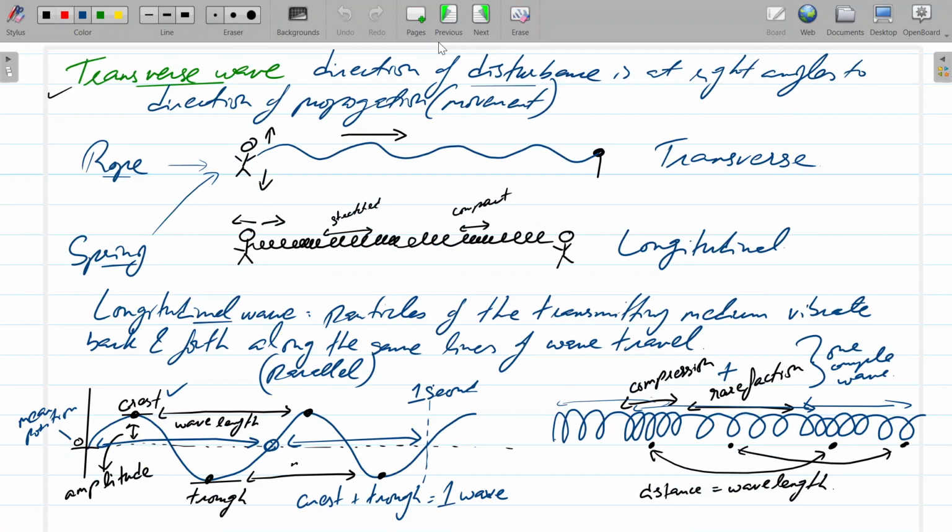So again, if you go back to this, what's the undisturbed position? This particle over here, right? It's sitting at the mean position.